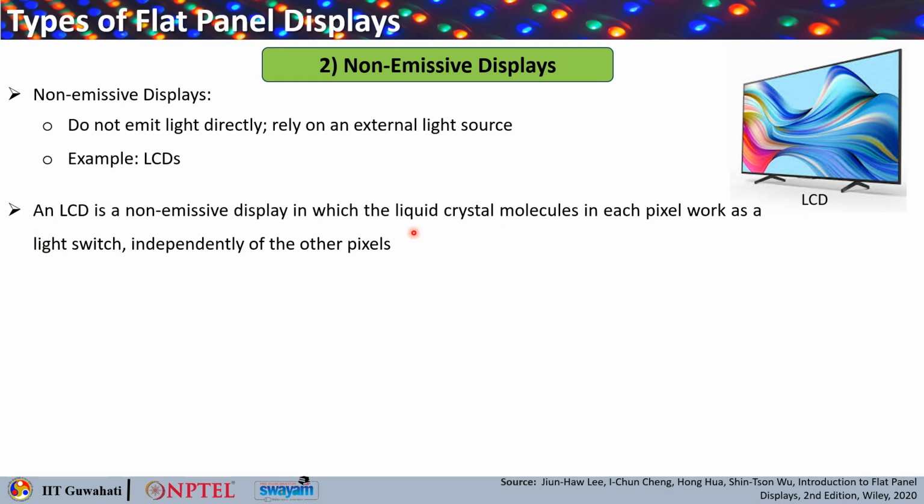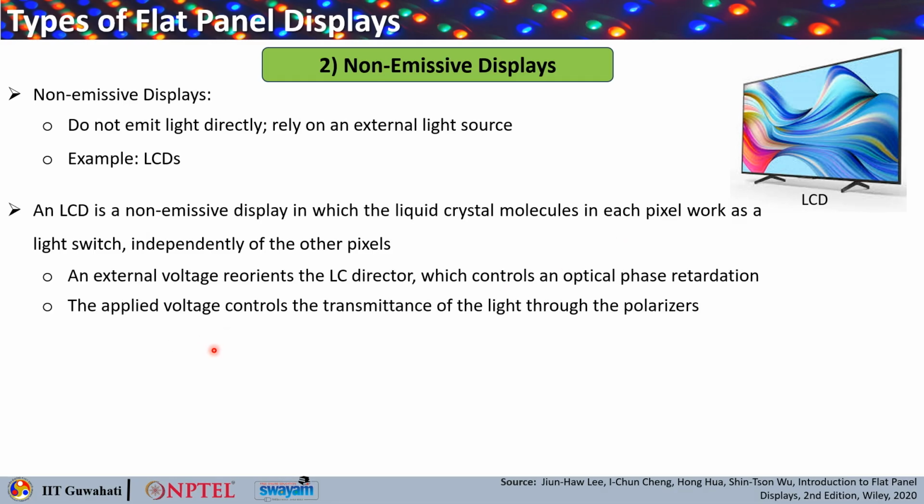In this kind of display you have liquid crystal molecules in each pixel, which work as a light switch independently of the other pixels. An external voltage can reorient the liquid crystal direction, which controls the incoming light's phase. Whether it will be allowed to pass or not is decided based on the voltage applied across the liquid crystal. So the liquid crystal modulates the transmittance of the light.